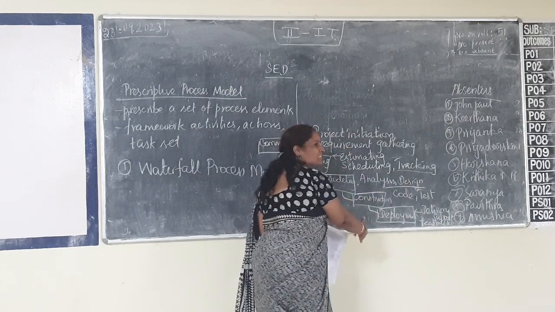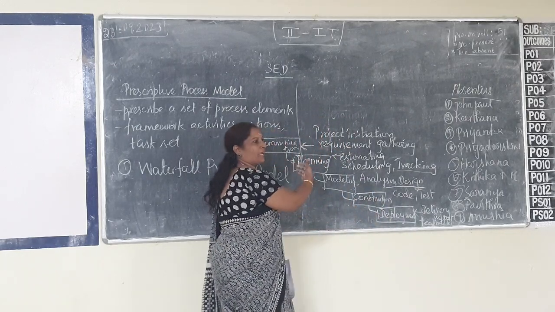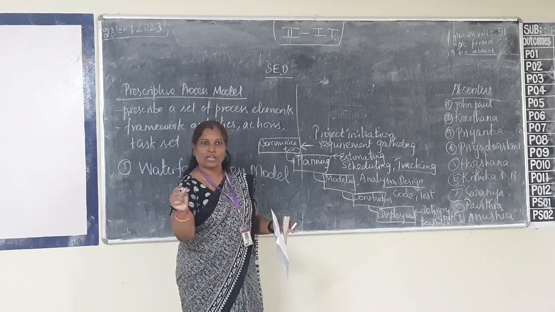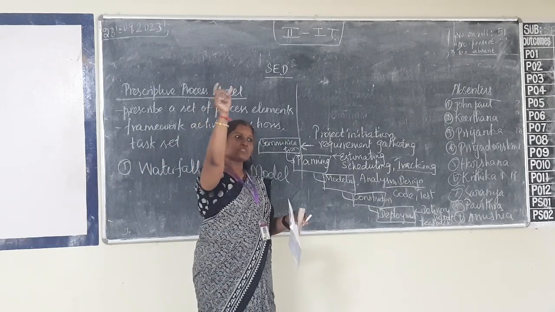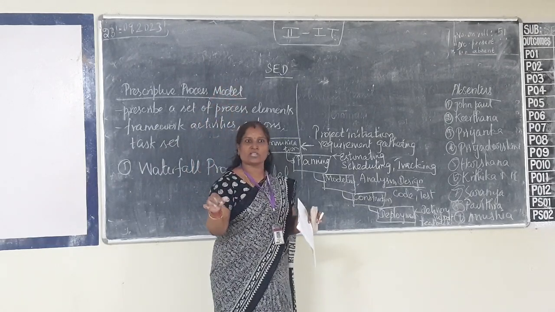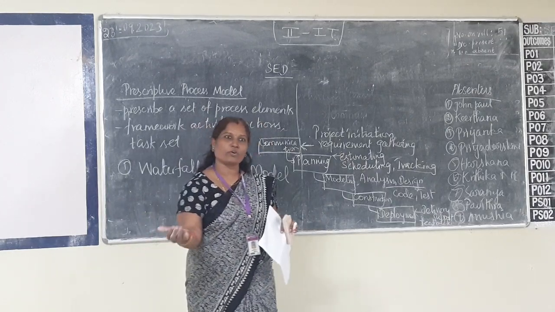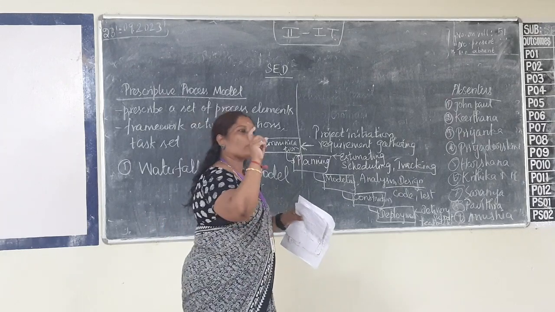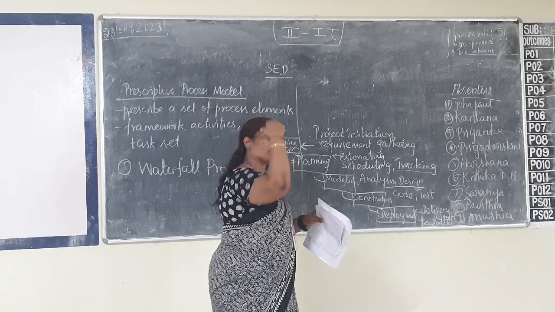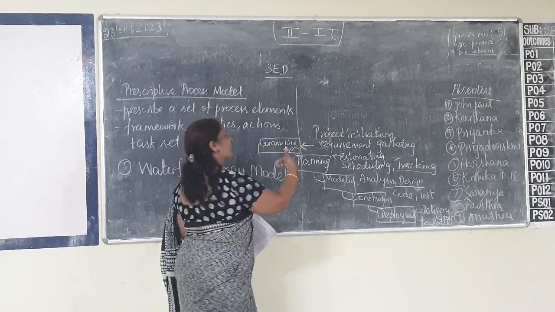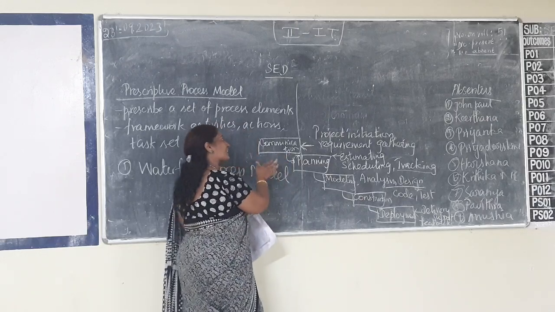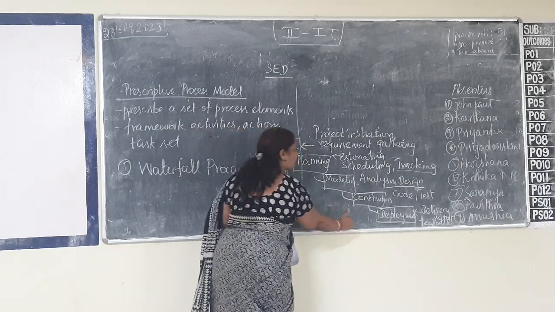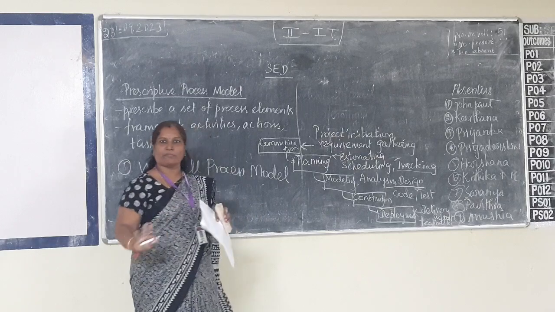So you cannot go back, as it is a waterfall model. Waterfall means water falls from top to bottom. Maybe in some movie water may go from bottom to top, but that is not the real one. In the same way, from the topmost activity, communication, you have to go down to deployment.